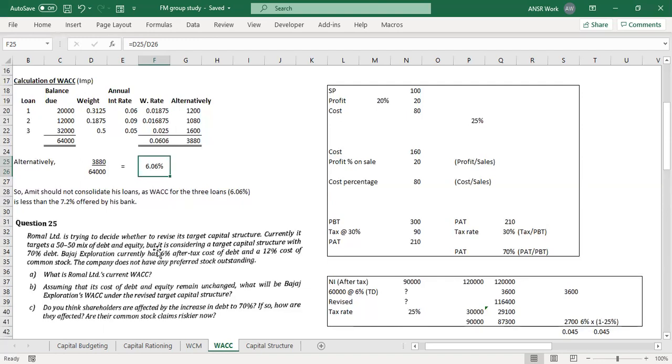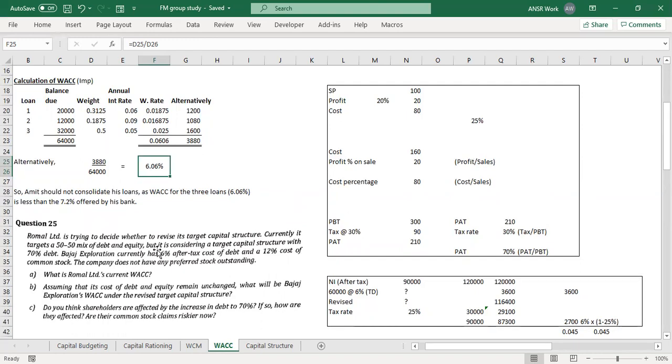So for others who have not completed, what you have written is 0.5, 0.5 for debt and equity, then cost of debt is 6%, right? Adjacent to 0.5 of debt, you write down 6%. Adjacent to equity, you write down 12%, the cost of equity. You multiply those two: 0.5 into 6%, 0.5 into 12%.